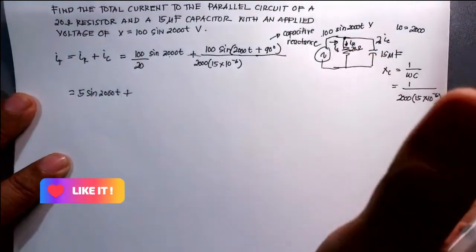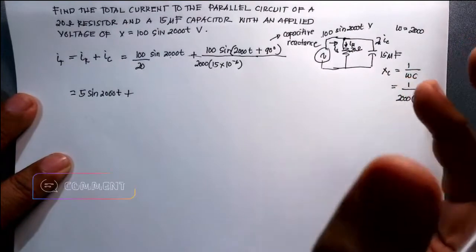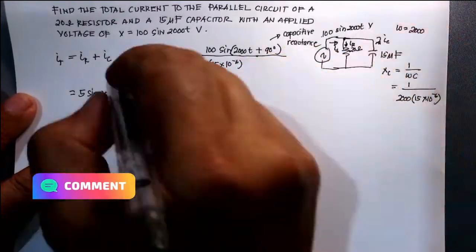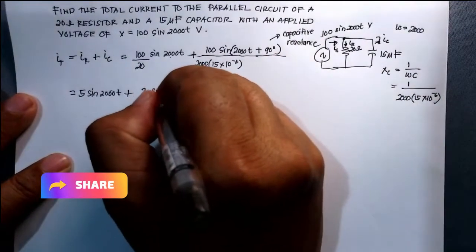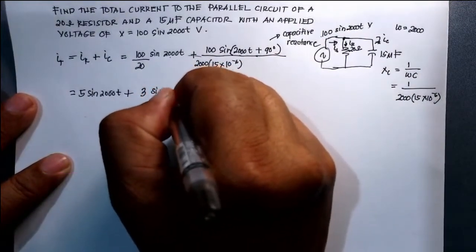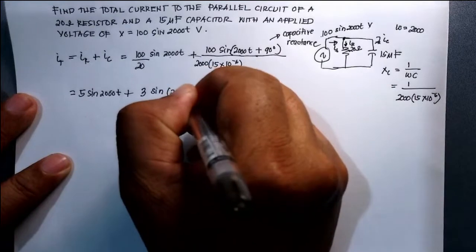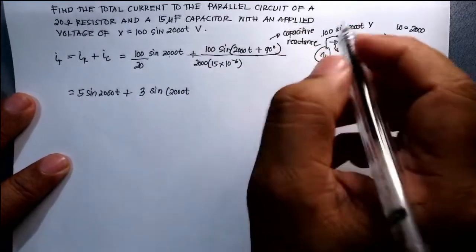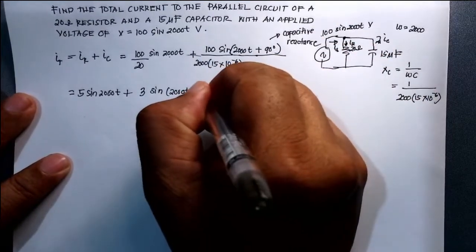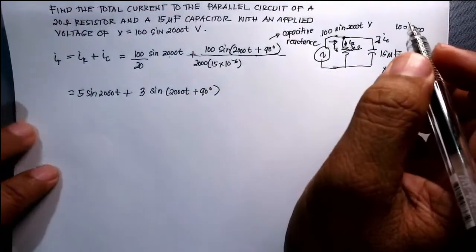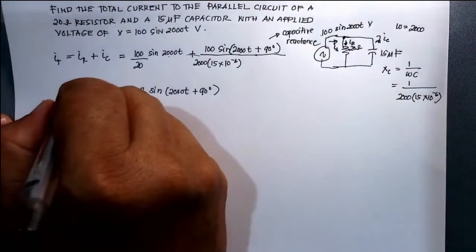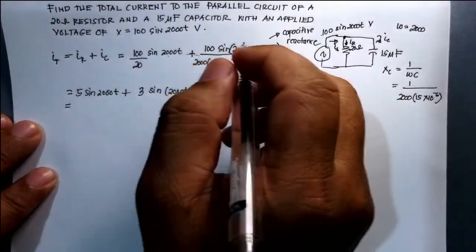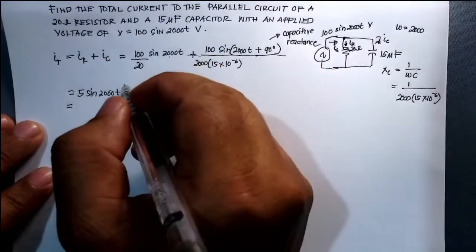If you have your calculator for that, you just press your calculator and it will give you 3. Okay, and copy sine again 2000t, but since this is a capacitive reactance, you add here plus 90 degrees. Okay, so therefore we can still expand this one.